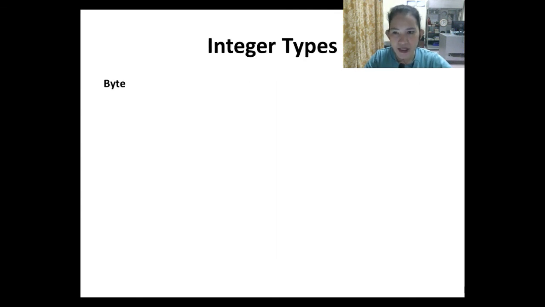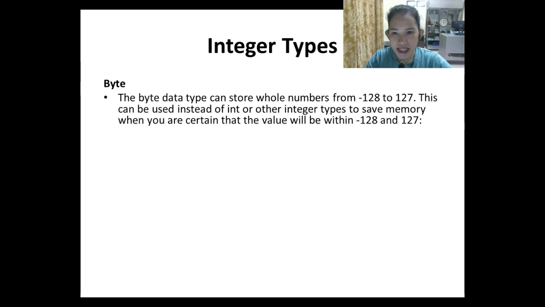Integer types. Byte. The byte data type can store whole numbers from -128 to 127. This can be used instead of int or other integer types to save memory when you are certain that the value will be within -128 and +127.